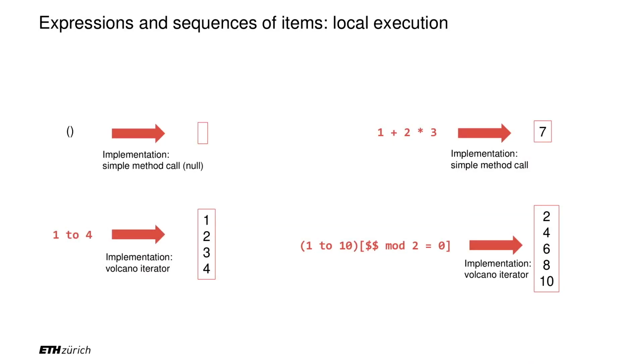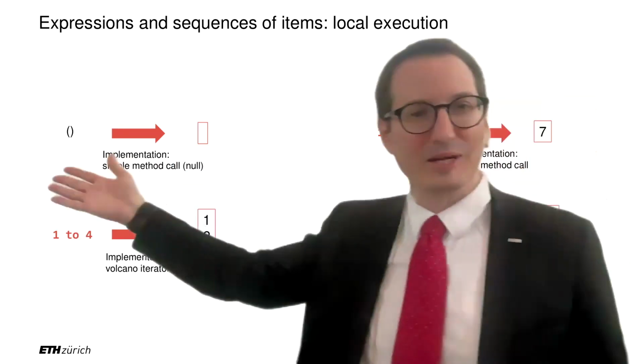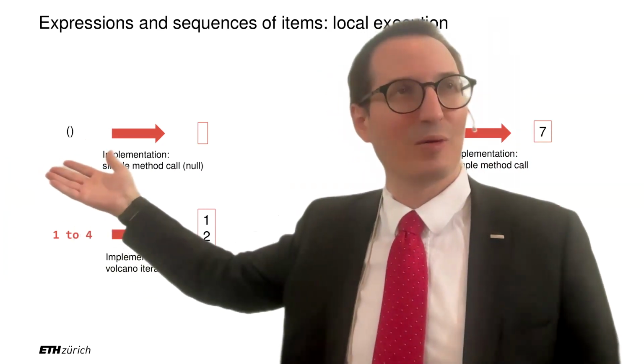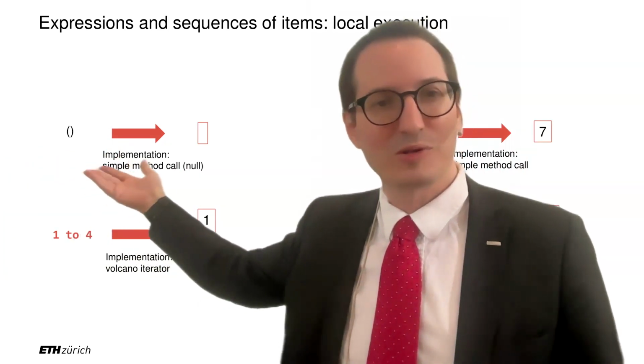And so to show you how it's actually working, now if you think a little bit of the execution strategies, on the top left, you see an expression that is basically the empty sequence. Well, in that case, you don't need a data center with 10,000 machines, right? It's just a simple method call.